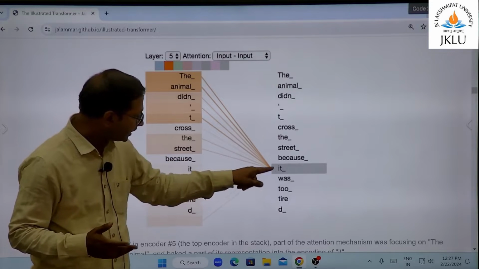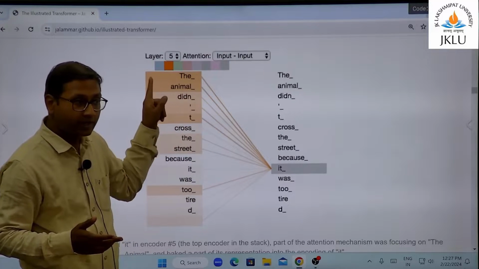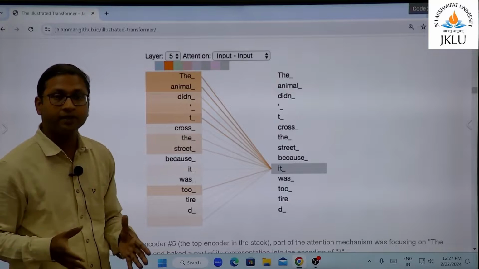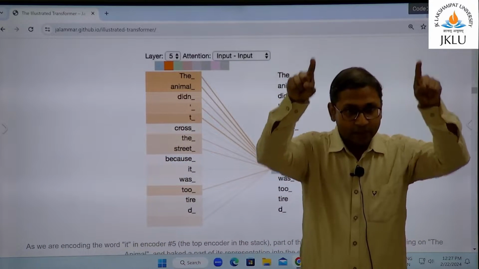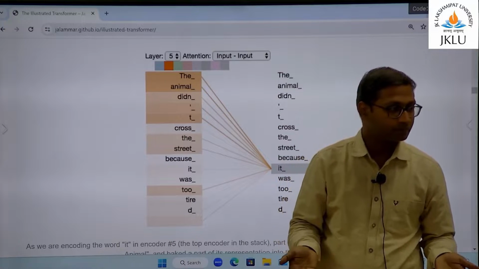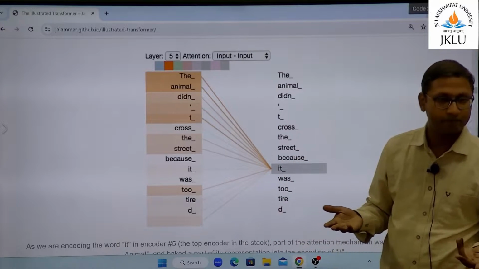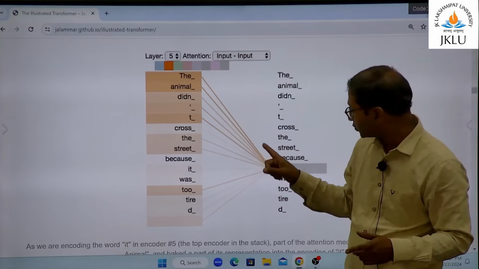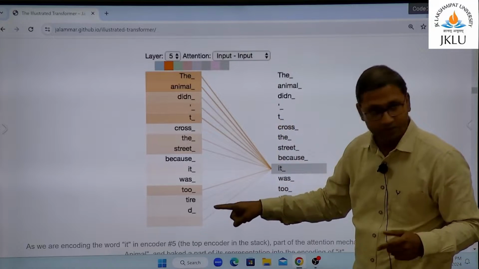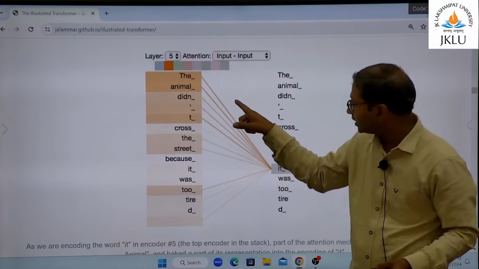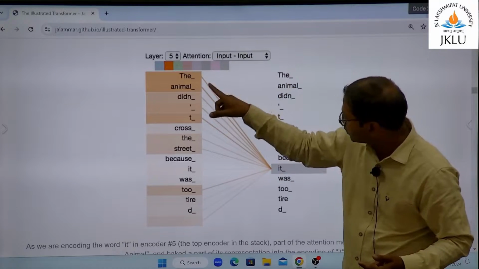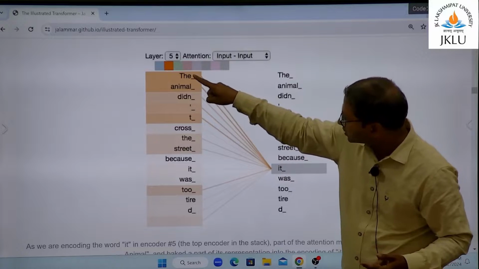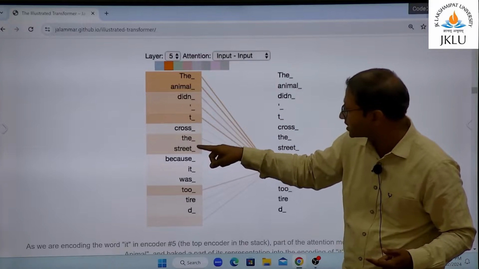You and me know that in this case it refers to the animal, but how will you make machine learn that? Because machine has got the same word embedding for it, so it does not really differentiate. Now in case of attentions, you can see, so these are attention weights, and the darker the line, more attention there. So in this case it gives more attention to the animal rather than to the street or any other word.